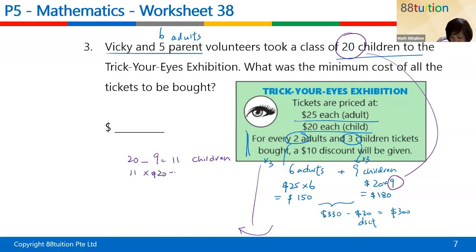So multiply by 20. Okay, the reason is because there's no discount for the package already, right? The grouping must come with adults, then you can have it. So all in all, you will have the $330, which earlier you found, and add on to here. And this total you get up to 520.